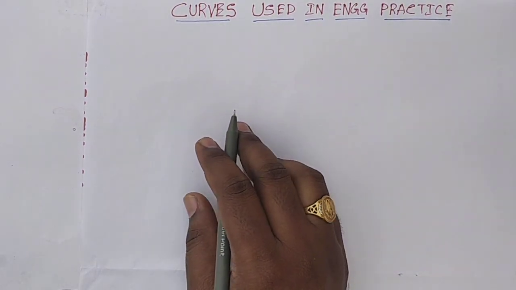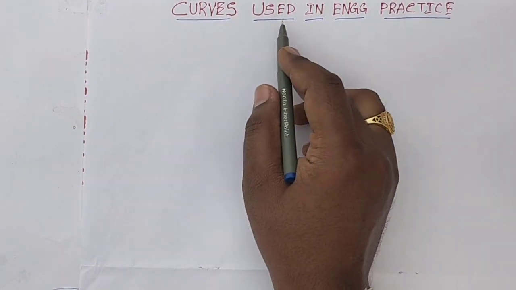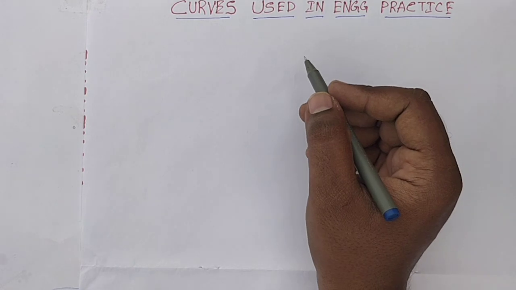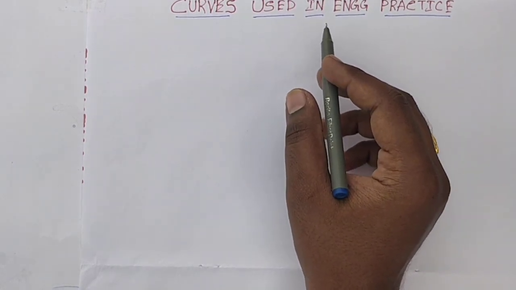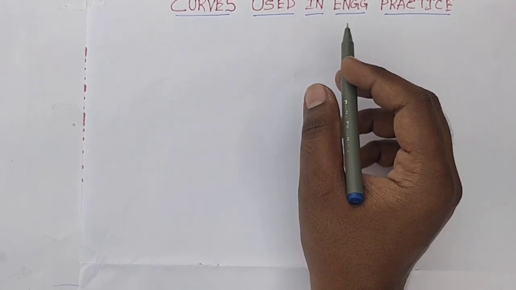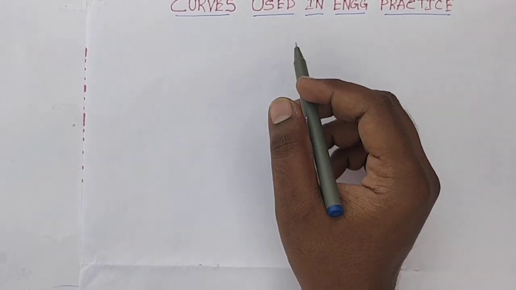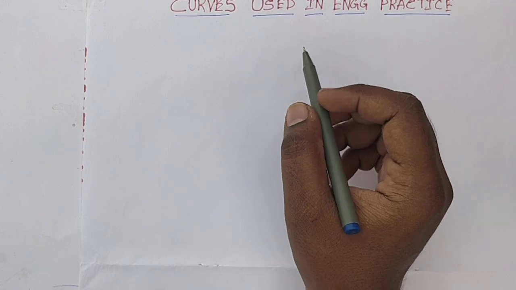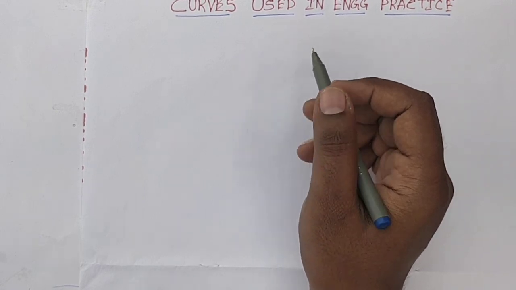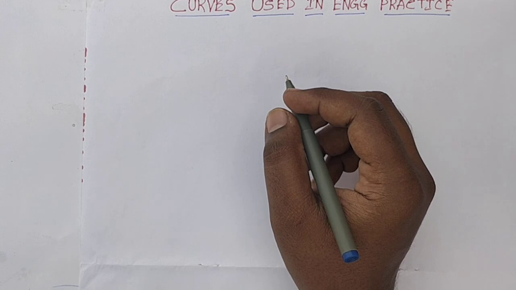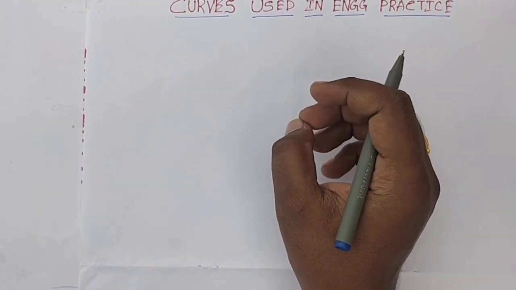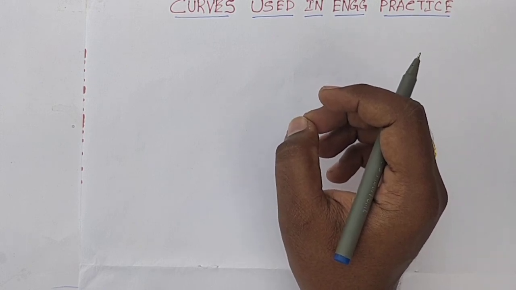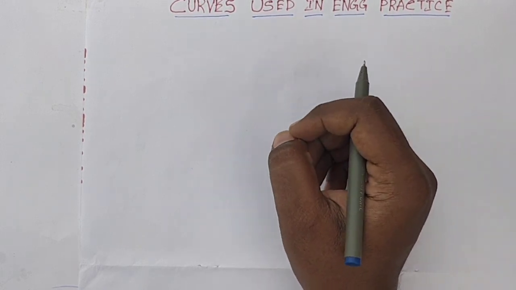Myself, A. Ramanjnailu. Today I am going to explain curves used in engineering practice. Why do we need to use curves in engineering practice? Whenever an object is manufactured using different methods, the object cannot consist of only straight or regular surfaces.